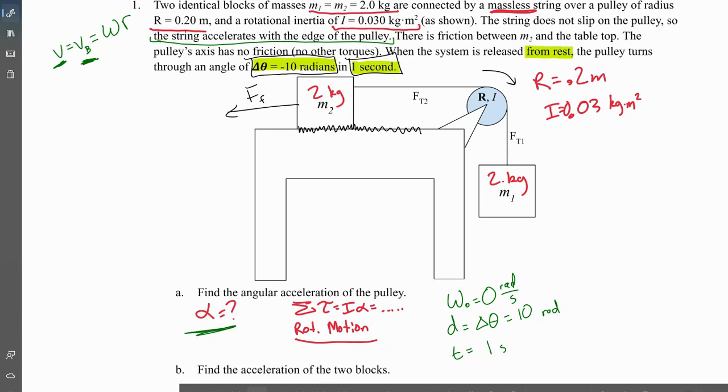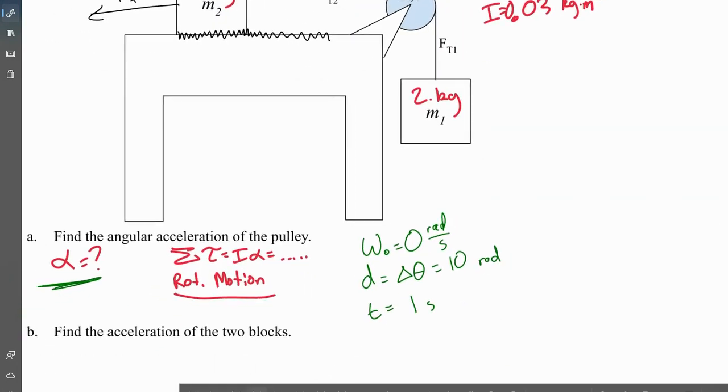Well, there is an equation for all those. We have delta theta equals omega naught t plus 1/2 alpha t squared. I recommend you pause and try to solve this on your own just so you get the practice. Okay, so we got 10 radians. Omega naught is 0, so that all goes away.